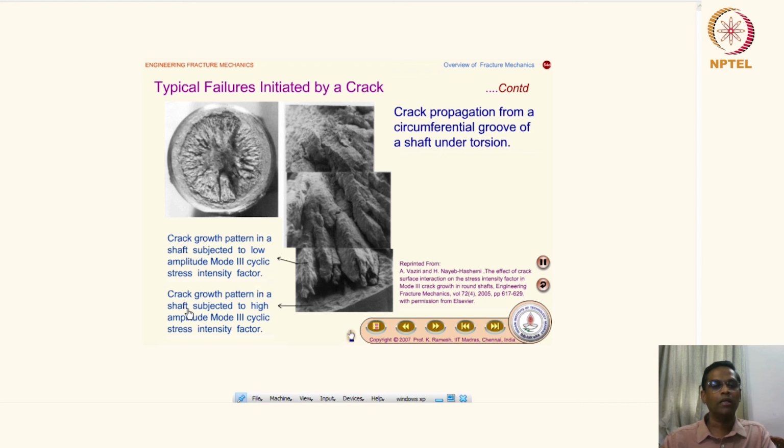The growth pattern in a shaft subjected to high amplitude mode 3 cyclic stress intensity factor. So all of them are characterized with what type of mode of failure, and then what type of stress intensity factor has been recommended for evaluating this kind of failure. Okay, so this is one example.